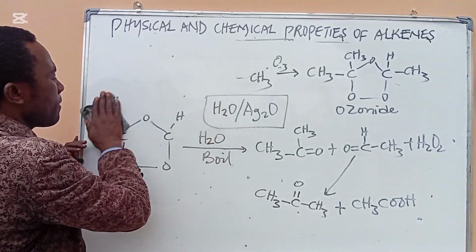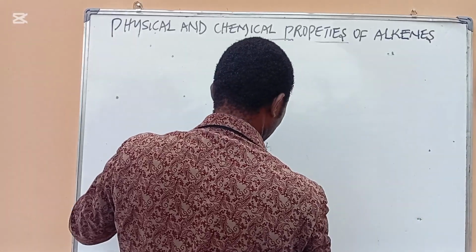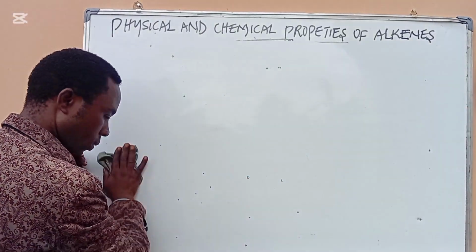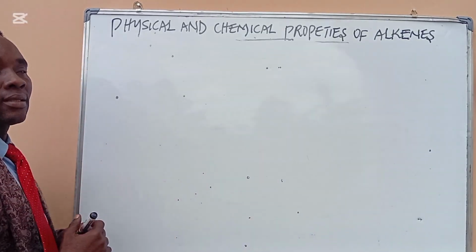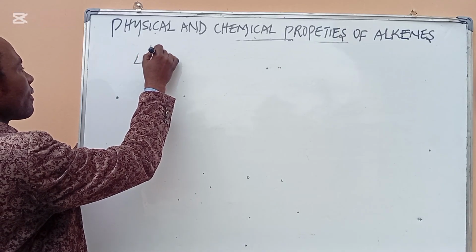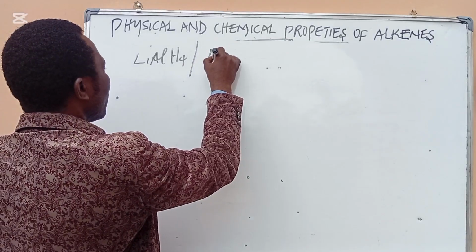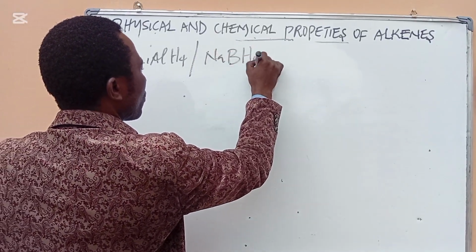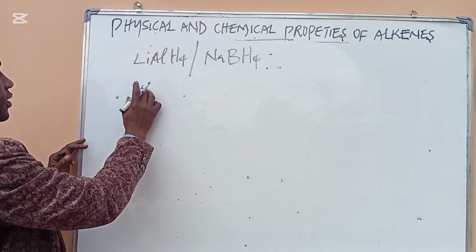Then another reagent we can use to decompose an ozonide. We can use LiAlH4 or NaBH4. What is this?